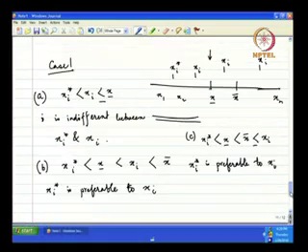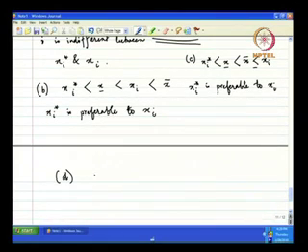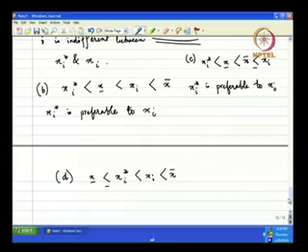I can take other cases of xi star, for example, between x under bar and x over bar. This is another case D.